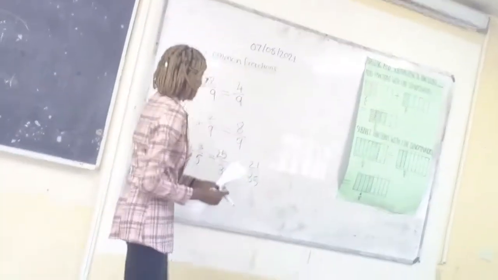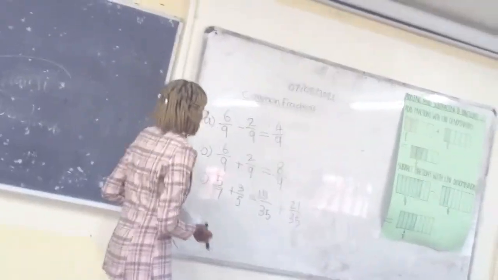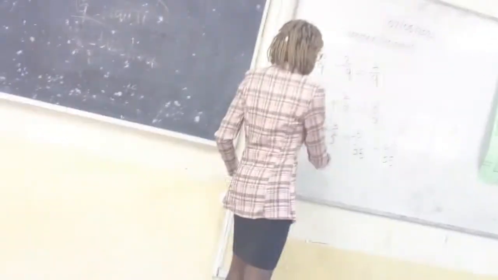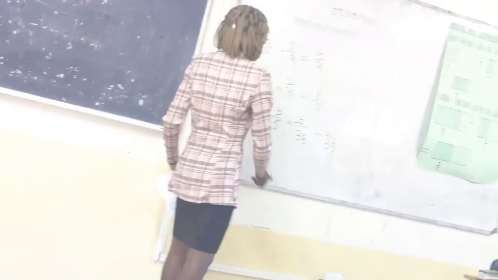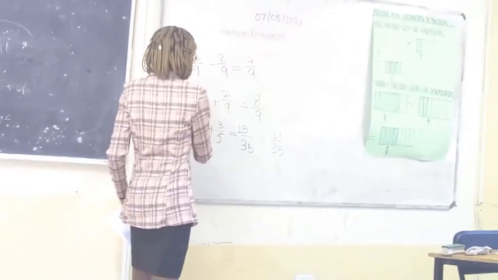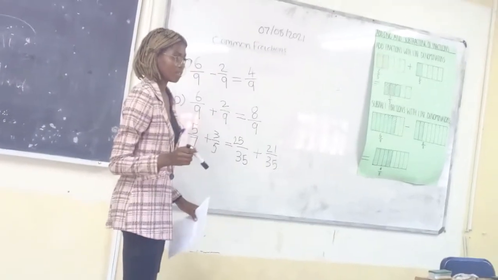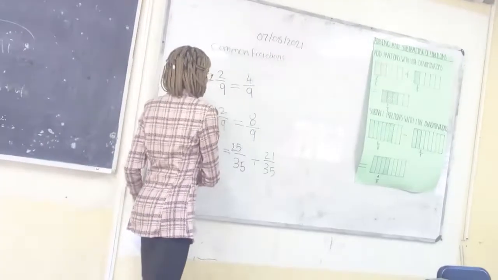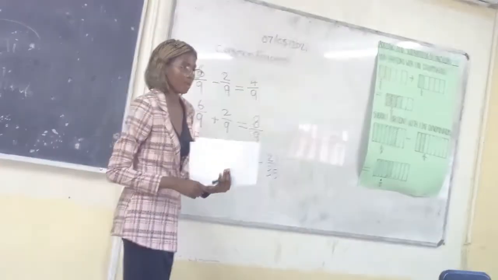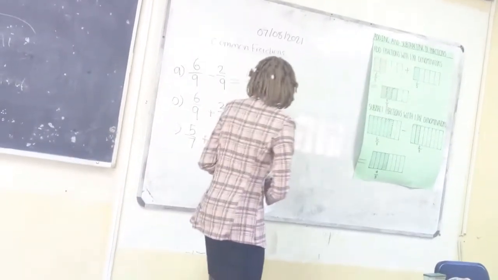You all might wonder where I got the 25 and where I got the 21, right? The lowest common multiple of 7 and 5 is 35, right? So we multiply 5 with 5 to give us 25, and 7 with 3 to give us 21. That is how we got the numerators.